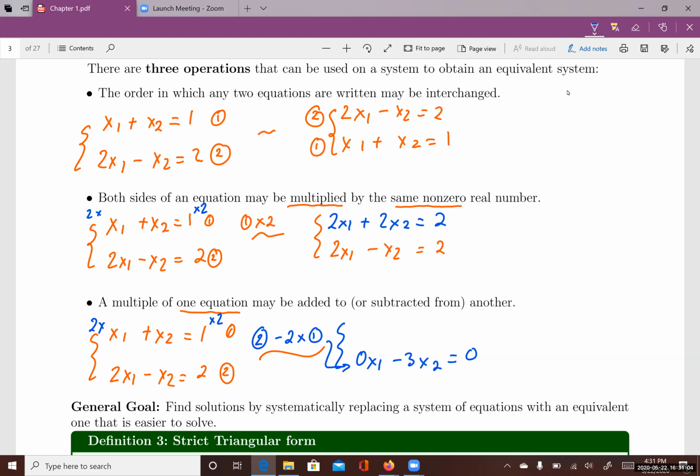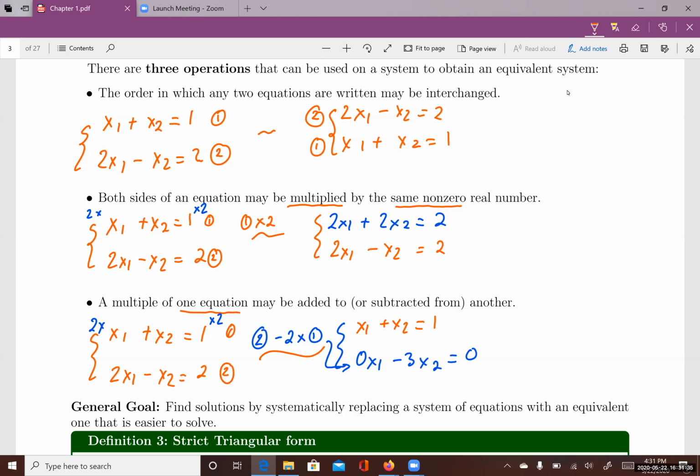So 2x1 minus 2x1 is 0x1. Negative x2 minus 2x2 is negative 3x2. And 2 minus 2 times 1, which is 2 minus 2, is 0. This is the new second equation after these operations, and the first equation stays the same, which is x1 plus x2 equals 1.